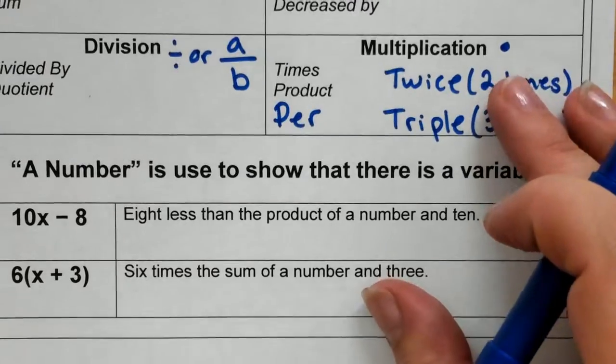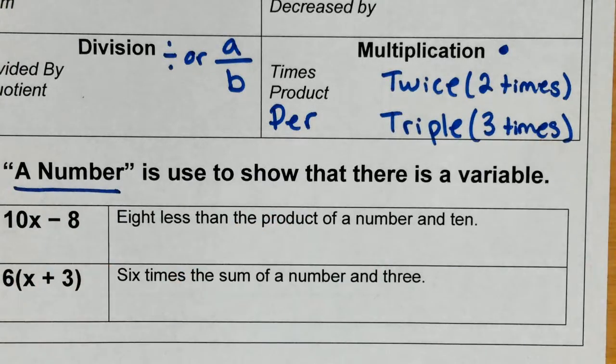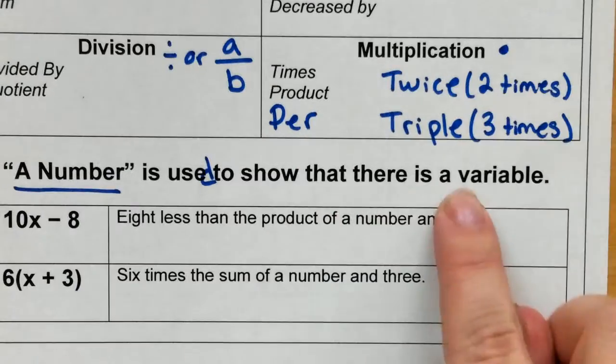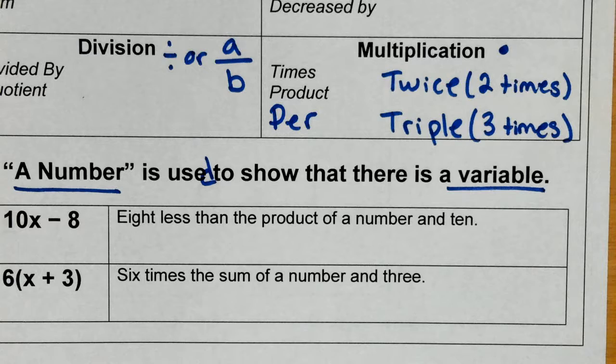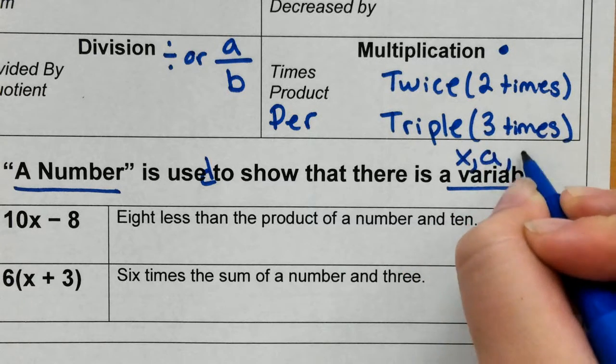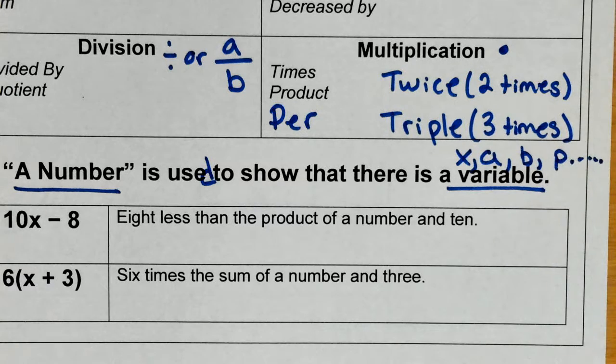Last but not least, when you see the phrase a number, that's used to show that there is a variable. So again, that's when you see X or A or B or P or whatever letter they're choosing to use.